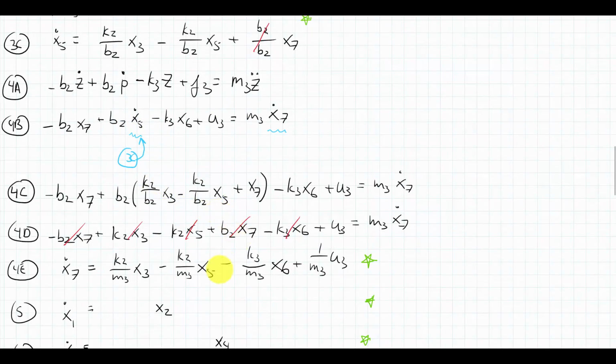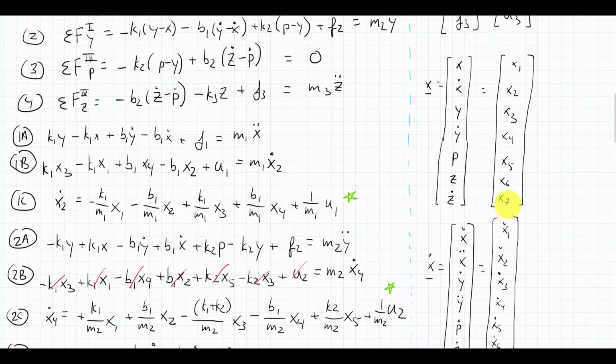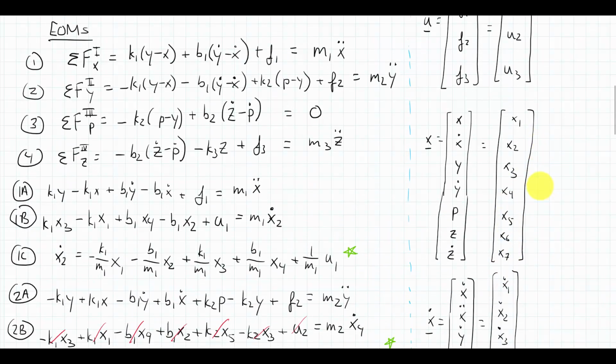So I went and isolated that, and now I have 4 equations for 4 of the state variables, or derivatives of my state variables. For the other 3 equations, since I needed a total of 7, 1 for each state variable, I had 3 mapping equations, and this is recognizing, again, the relationship between like x and x dot.